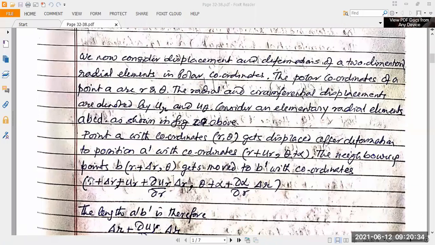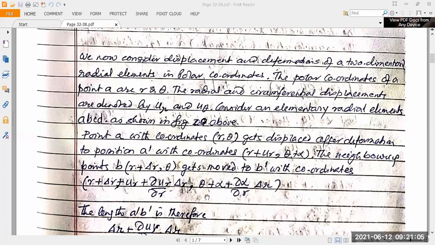Initially r plus delta r, then it added the displacement ur, and the rate of change of ur with respect to r multiplied by the original length of the point B, that is delta r, is added.